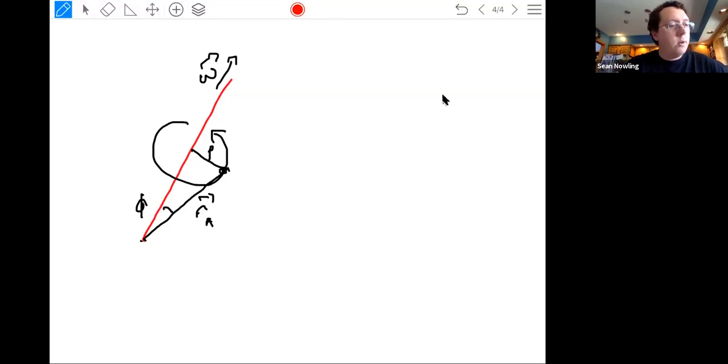Okay, so if I think about that, I know that I can think about the magnitude of the velocity at A. Well, that's just going to be the derivative of the arc length with respect to t.